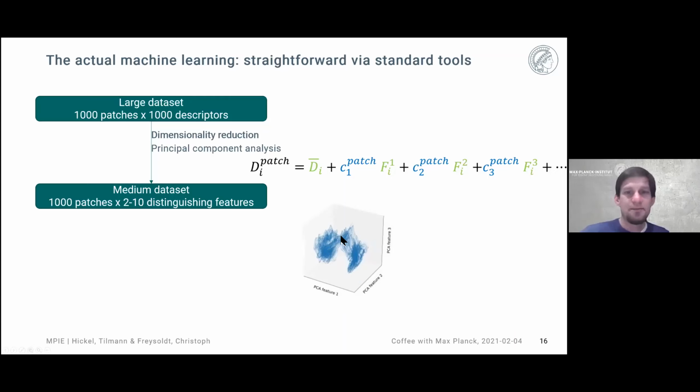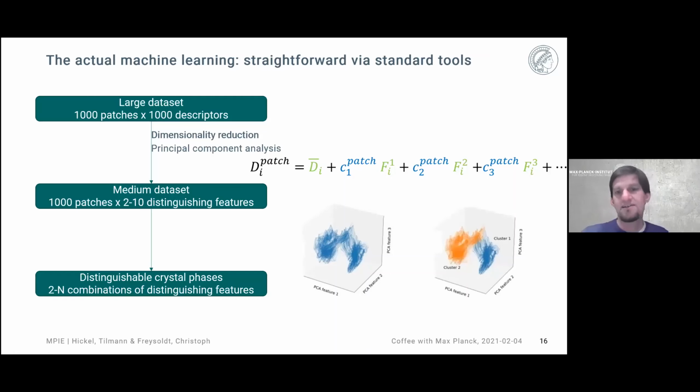And you see that they somehow cluster. There's one big blob sitting over here, and then a second big blob sitting over here. And in between there are fewer of them. And we can then use, again, a standard machine learning algorithm called cluster analysis. In this case, we actually take k-means to separate this entire point cloud into separate regions, which we can assign to particular crystalline patterns.